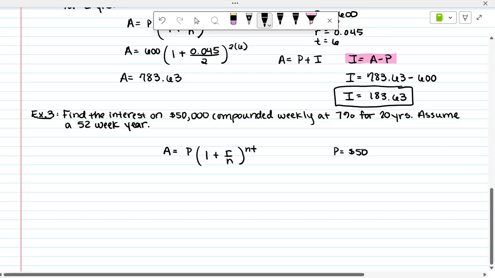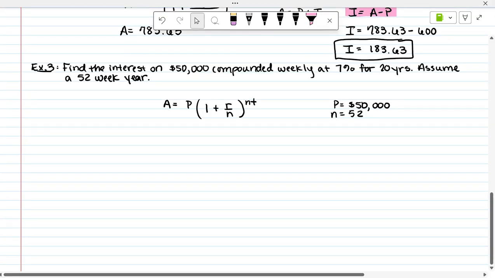P equals 50,000. Compounded weekly, well, that's my n because it says assume a 52-week year. So weekly is going to be 52 set as my n because that's the number of times a year that I compound it. Every week, there's 52 weeks in a year.